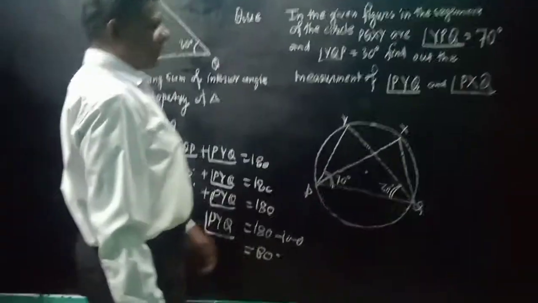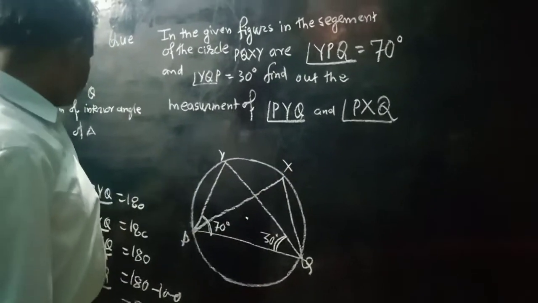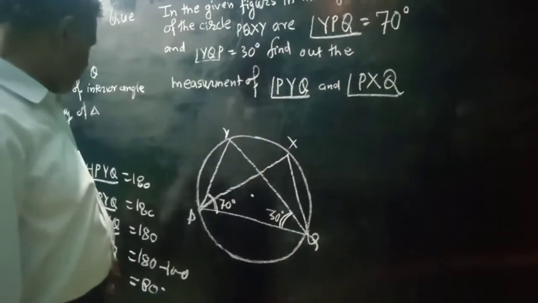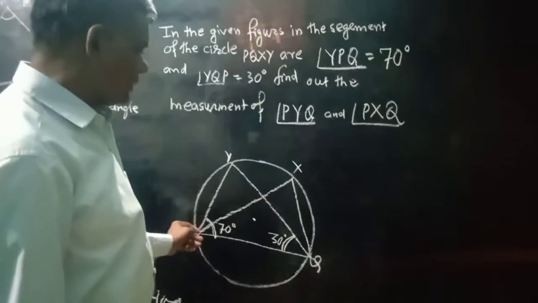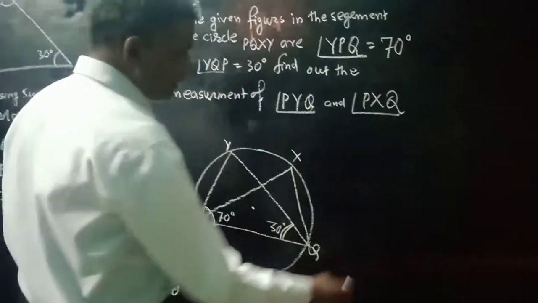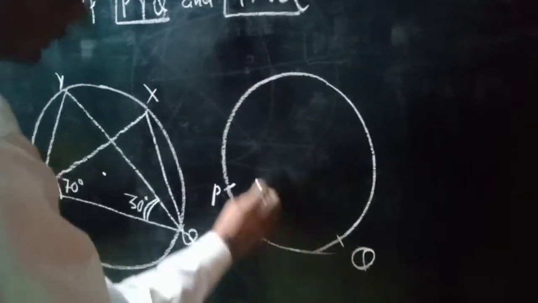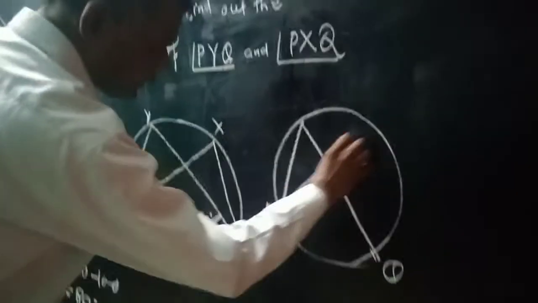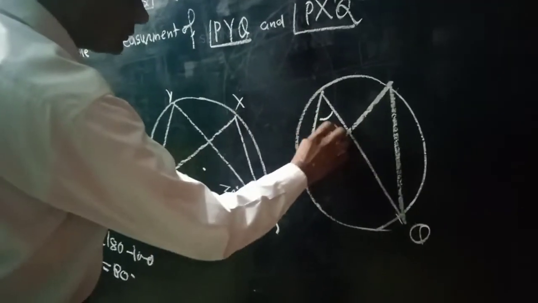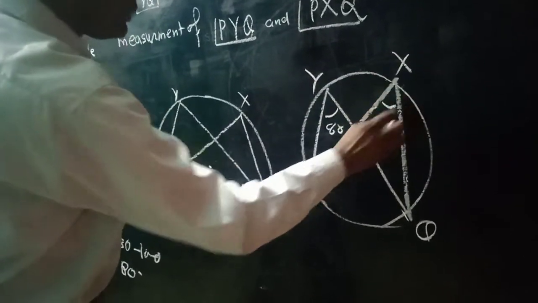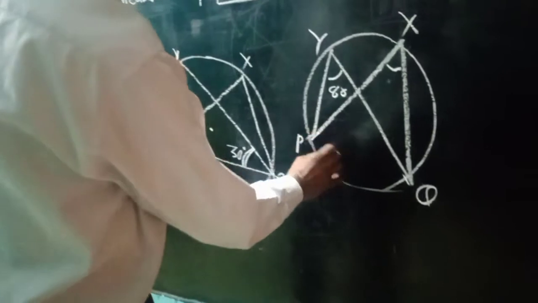But our aim is to find PYQ and PXQ. From the triangle property, we get angle PYQ is equal to 80 degrees, and both angles are subtended by the same arc PQ. The same arc PQ means this arc P and Q. This is angle PYQ and this is angle PXQ, the unknown angle.